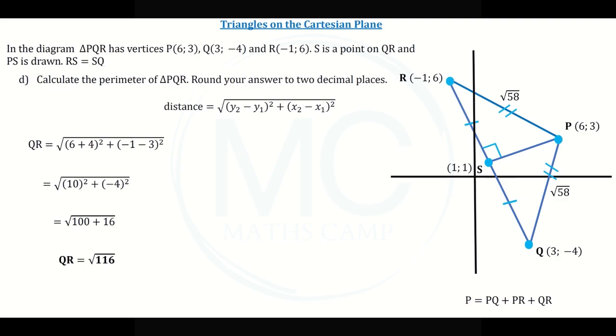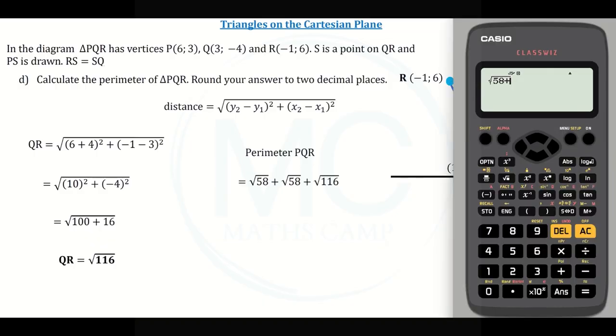So we can say the perimeter of PQR is equal to PQ, which is square root 58, plus PR, square root 58, plus QR, square root of 116.